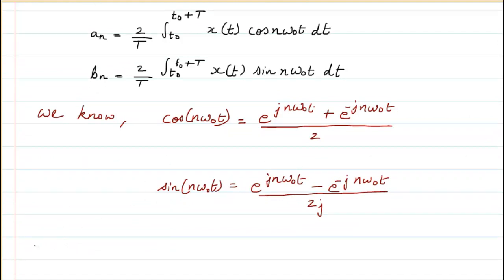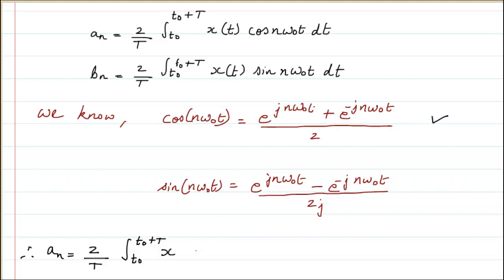Then if I try to write an equation for a n, I can write a n as 2 by T integral from t naught to t naught plus capital T of x of t, and I am going to substitute this equation which has two parts.